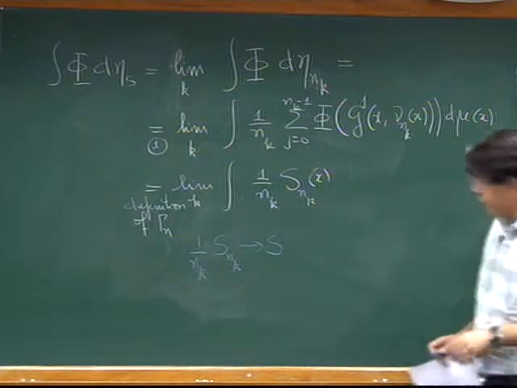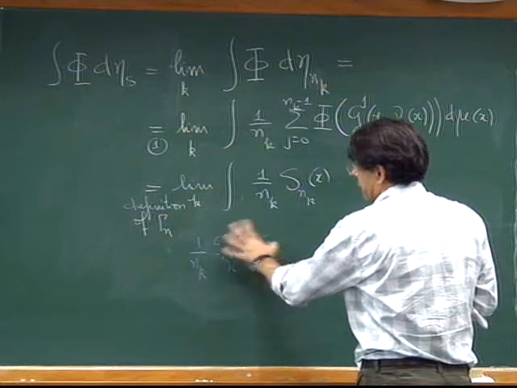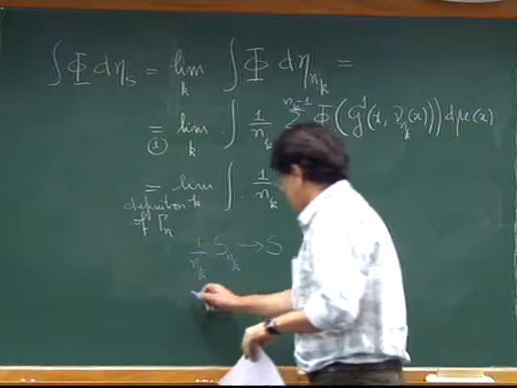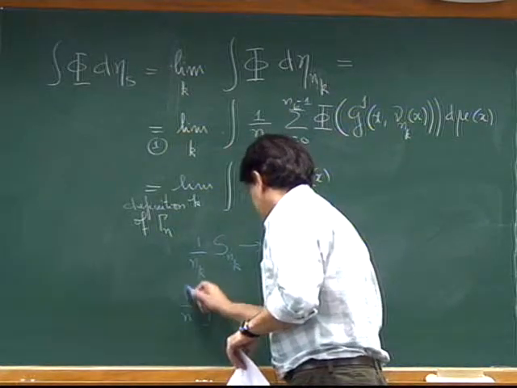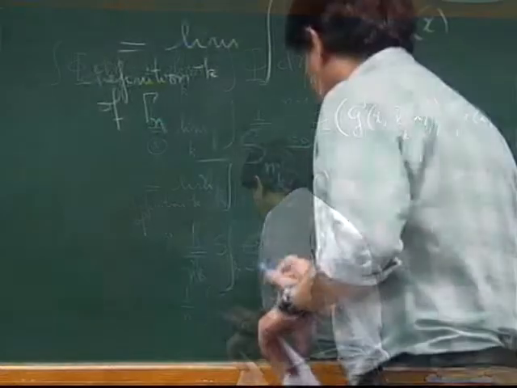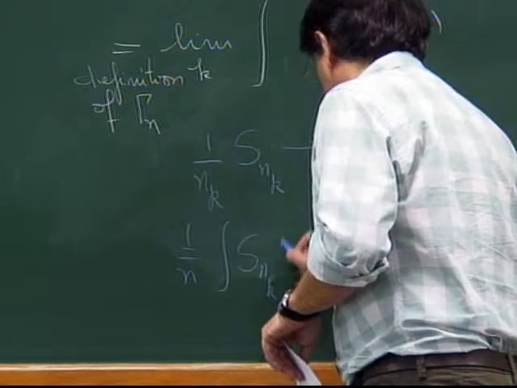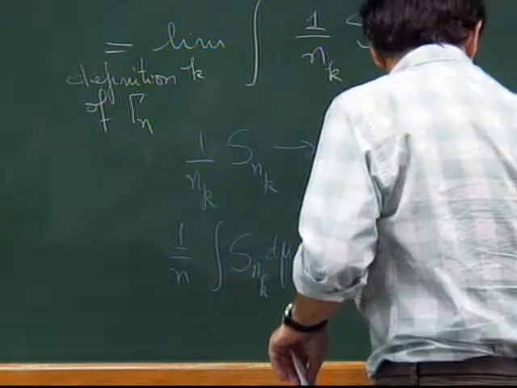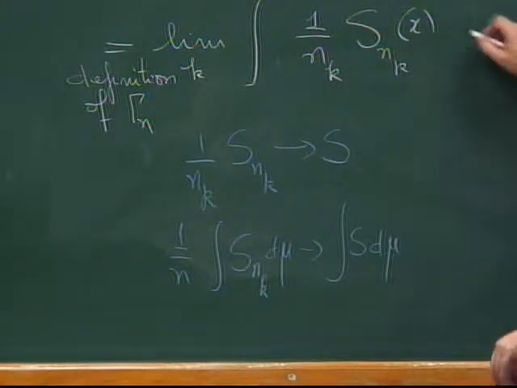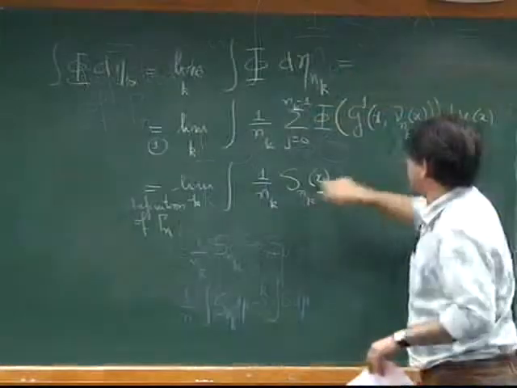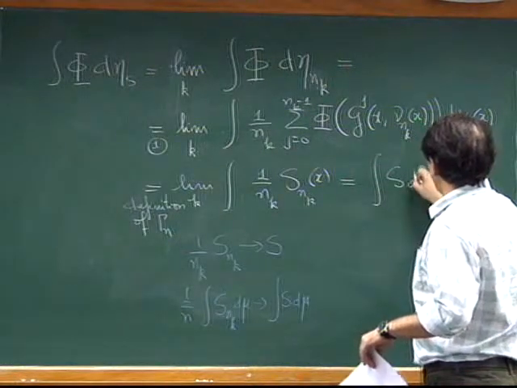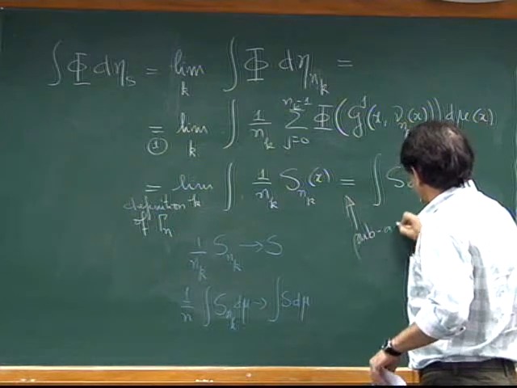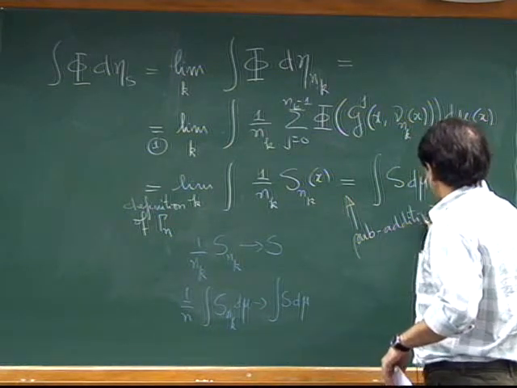That's what we proved first, that this limit exists because the sequence is sub-additive, and it is also part of the sub-additive ergodic theorem that the integrals also converge. Okay, so by the sub-additive ergodic theorem, this limit is the integral of S d mu.